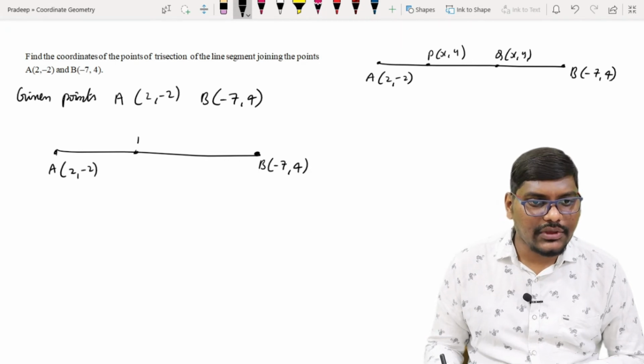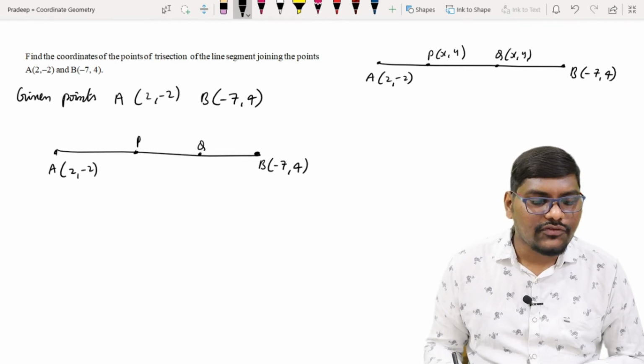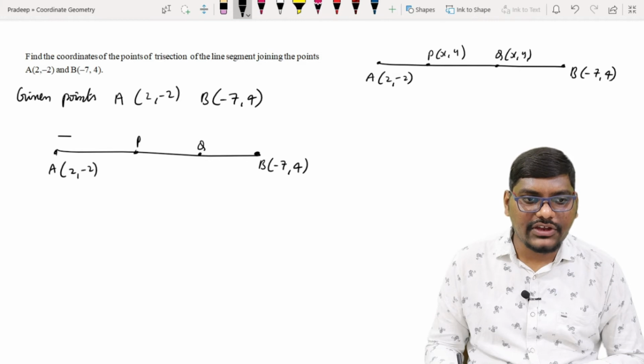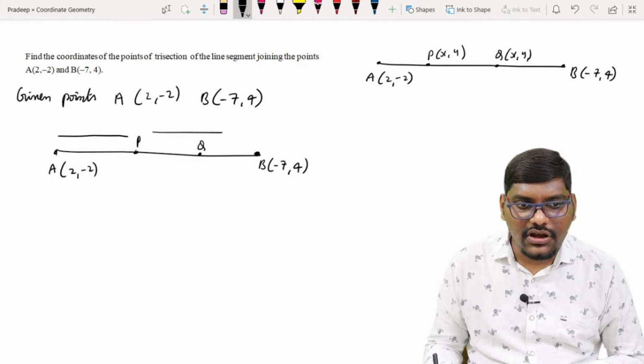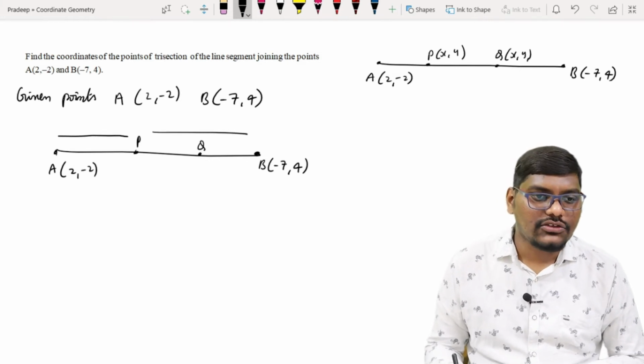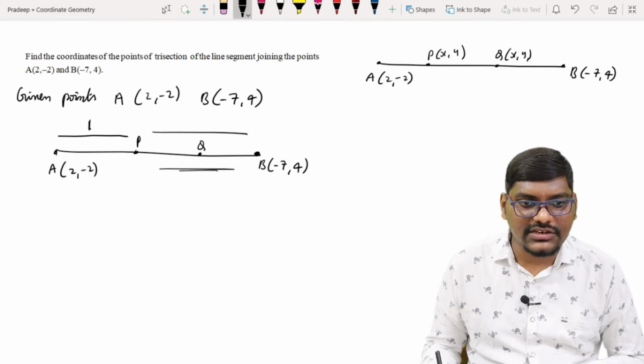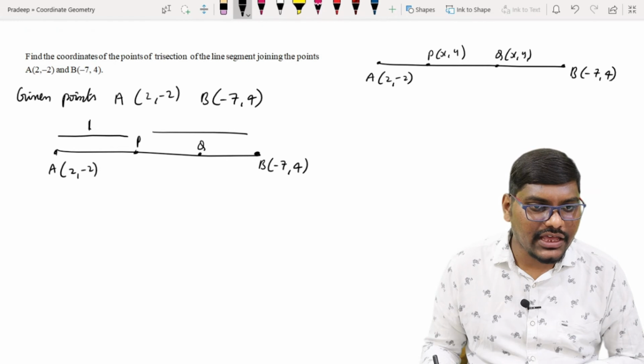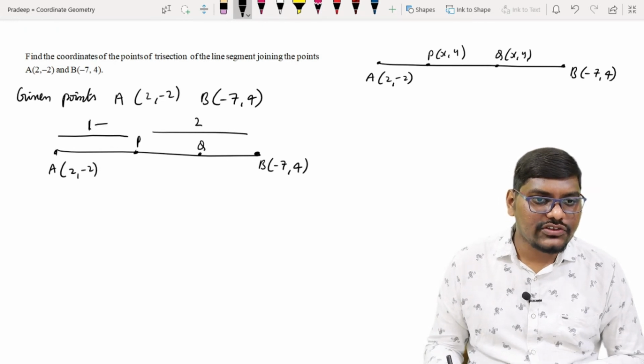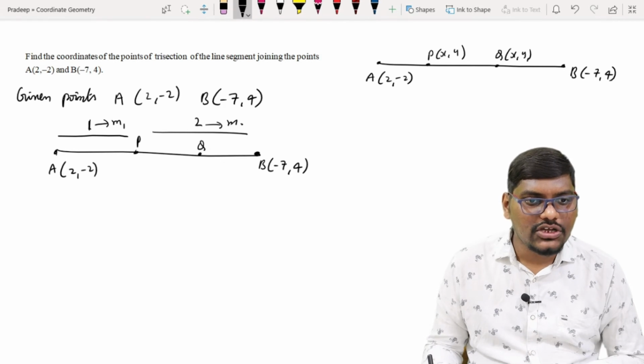This is point P and this is point Q. For finding point P, we'll take this as one part and the rest as the other part. So 1 is the part and here are the two parts, right? So the ratio m1 will become 1 and m2 will become 2.